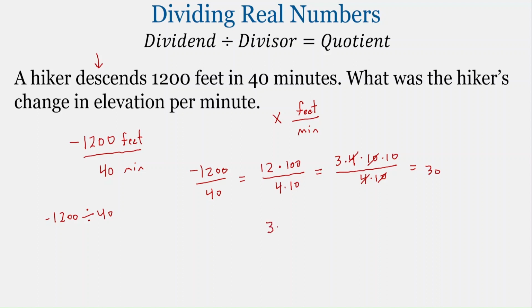And so our answer is 30 feet per minute. And this is negative. Bring this negative over so we don't lose it. See how easy it is to lose that negative sign sometimes? So our answer is negative 30 feet per minute. Or we can say descends 30 feet per minute.